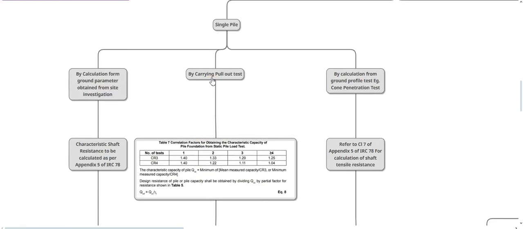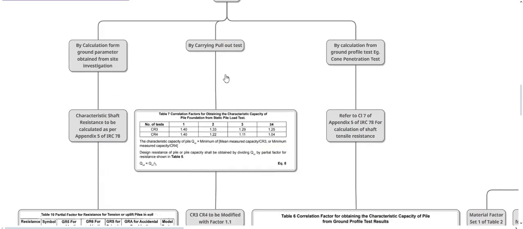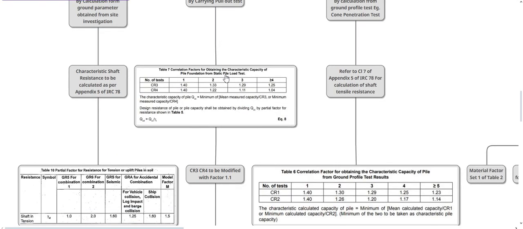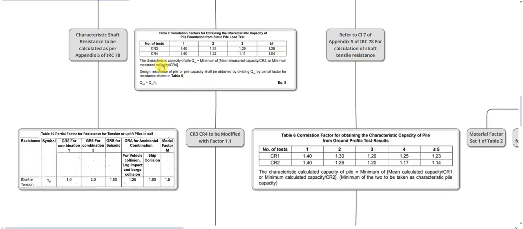The second method is by carrying out a pull-out test, and we see again the concept of correlation factor. Based on our number of tests, the correlation factors reduce. So the characteristic capacity of pile QC shall be the minimum of the mean measured capacity divided by CR3, or the minimum measured capacity divided by CR4.